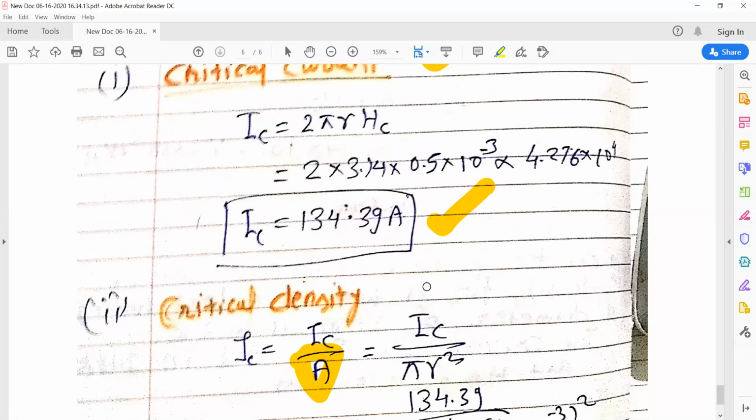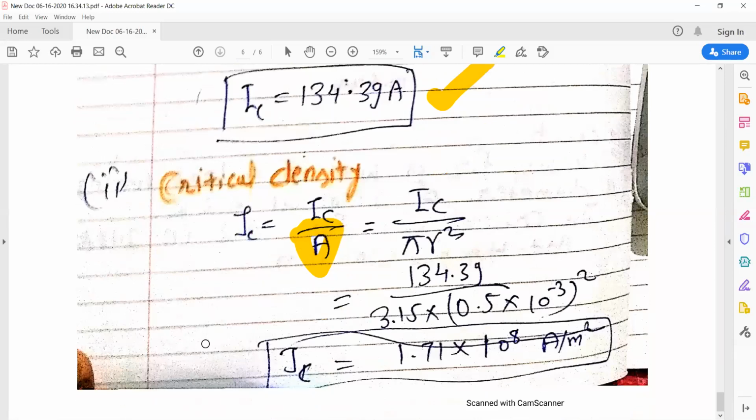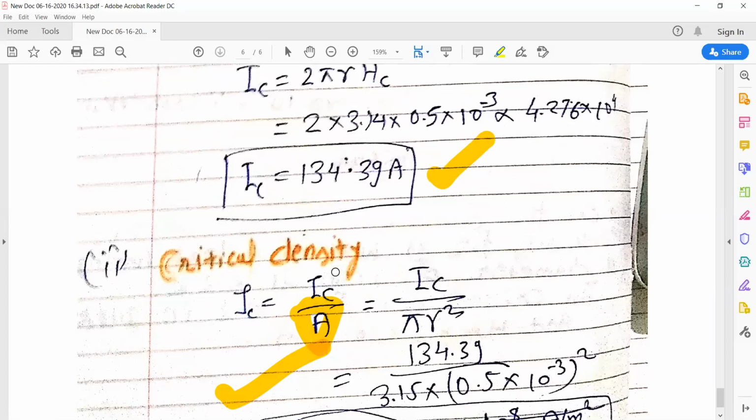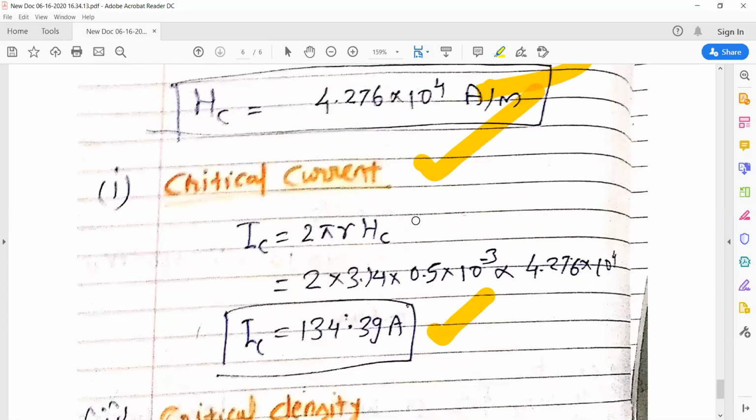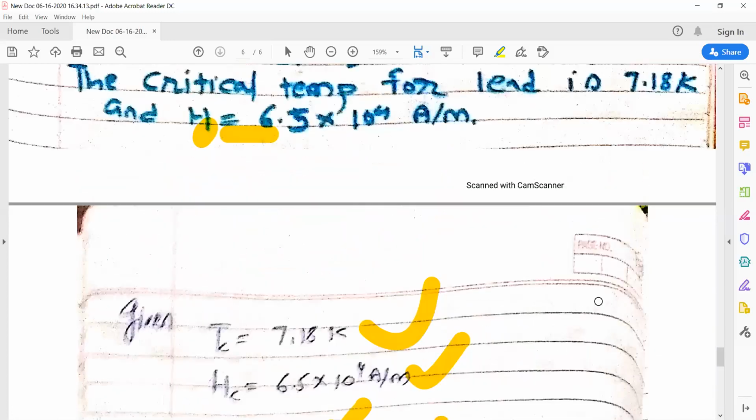R is given, so we put this value here and find the critical current density by this formula. Today's class is over right now.